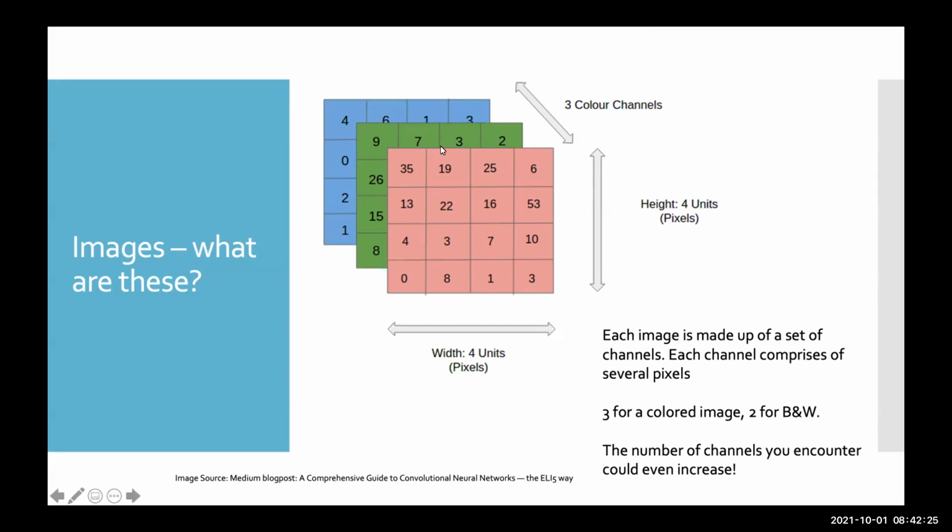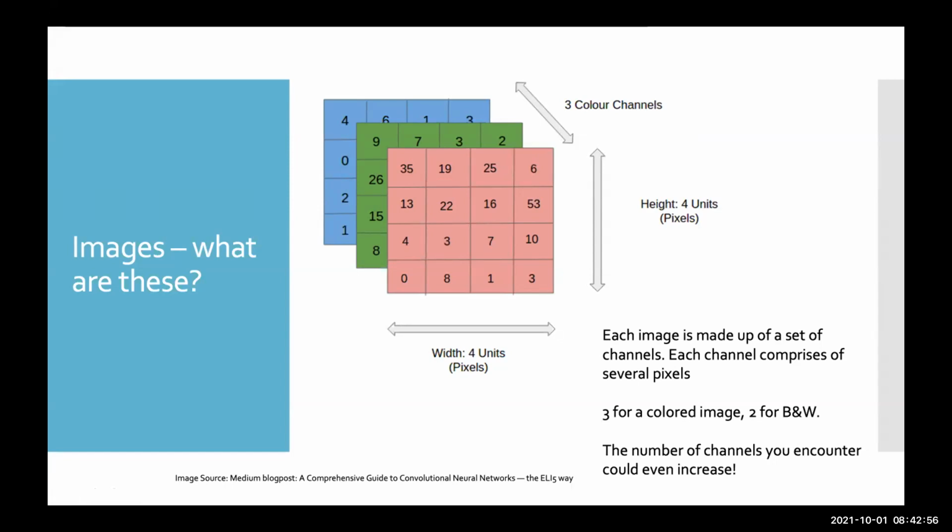So for example, this channel is dealing with the red hues and colors. This one's dealing with the green ones, and this one's dealing with the blue ones. If you think about it, when we're dealing with one image input, we're actually dealing with 3 different channels, and in a way, 3 different inputs, because we're dealing with the red, green, and blue. And when we're dealing with black and white images, we only have 2 channels, the black channel and the white channel.